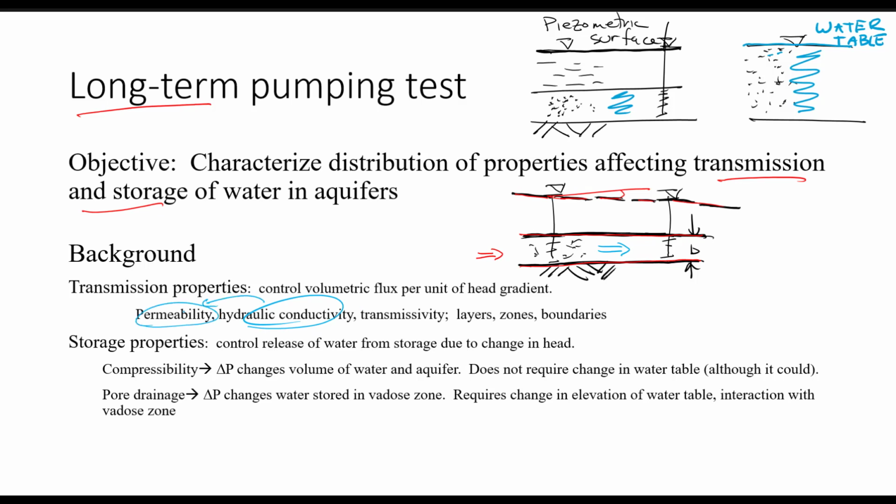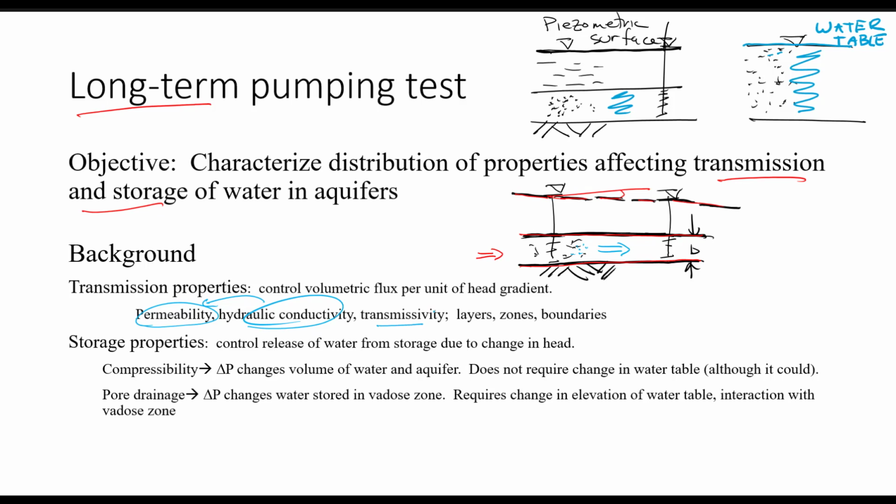The permeability is a property of the aquifer material itself, and the hydraulic conductivity is a property of the aquifer material and the fluid flowing through the material. But in most cases that we're interested in, the fluid is water. So we can relate the hydraulic conductivity and the permeability, knowing the fluid properties.